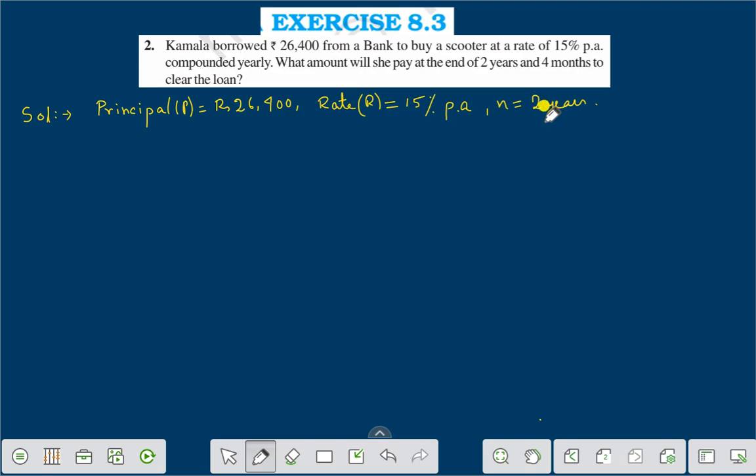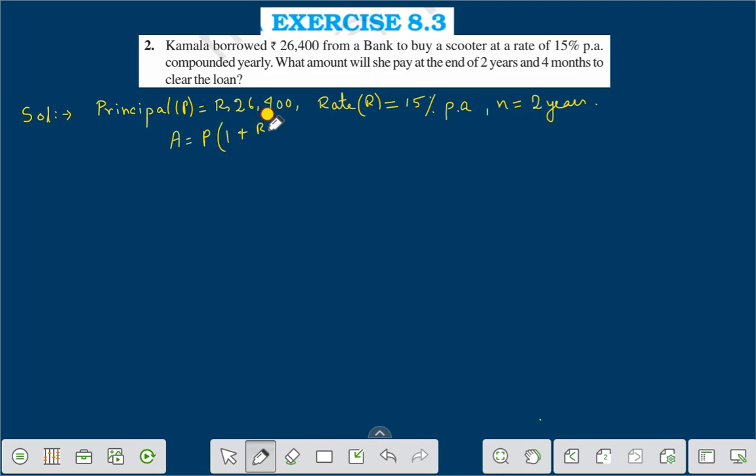We know that amount A is equal to P into 1 plus R by 100 to the power n.